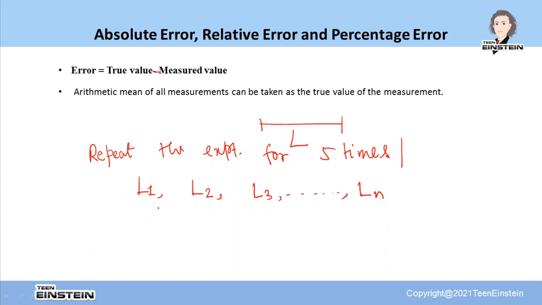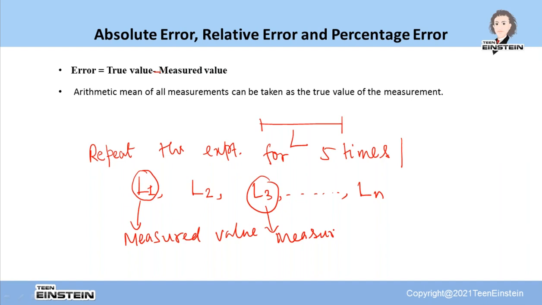So what is the true value and what is the measured value? The measured value is each individual measurement. Suppose L1 is one measured value, L3 is another measured value. During each measurement, whatever value we get is called the measured value. Then what is the true value?